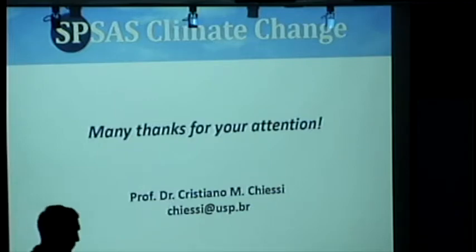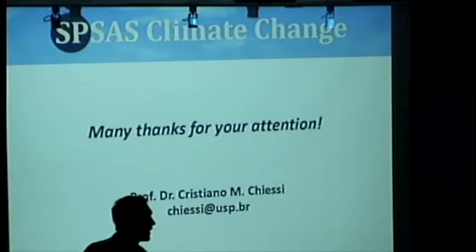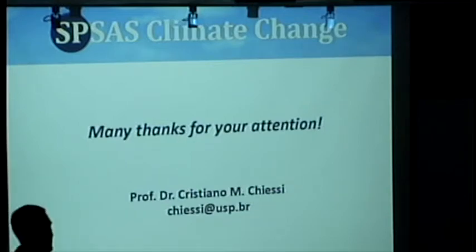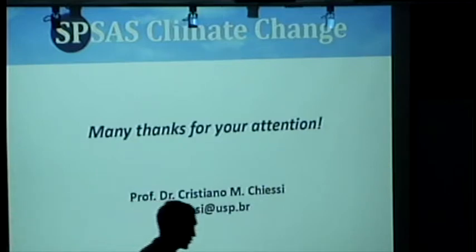Thank you for the questions. Let's start with the water vapor. The concentration of water vapor in the atmosphere is controlled by temperature. As temperature increases, it's possible to have more water vapor in the atmosphere. As temperature decreases, we have less.